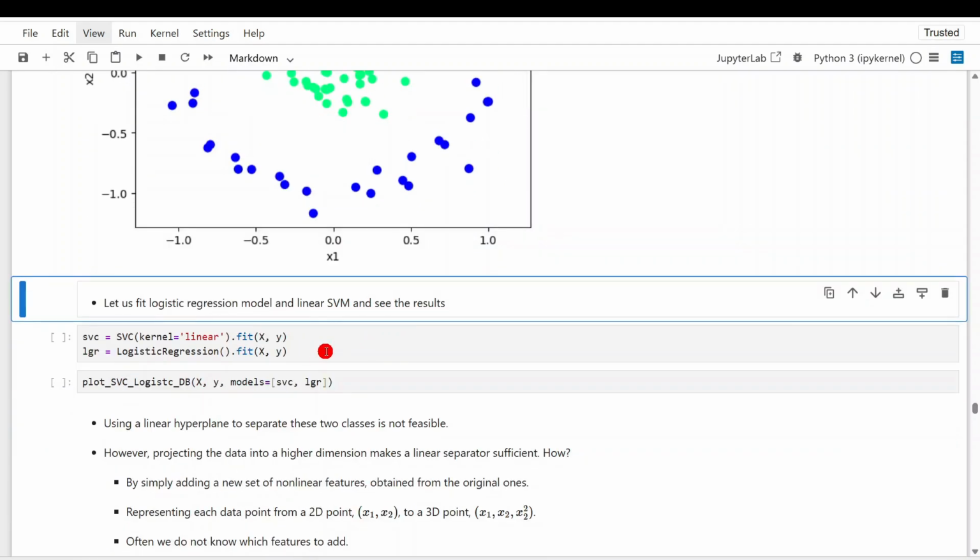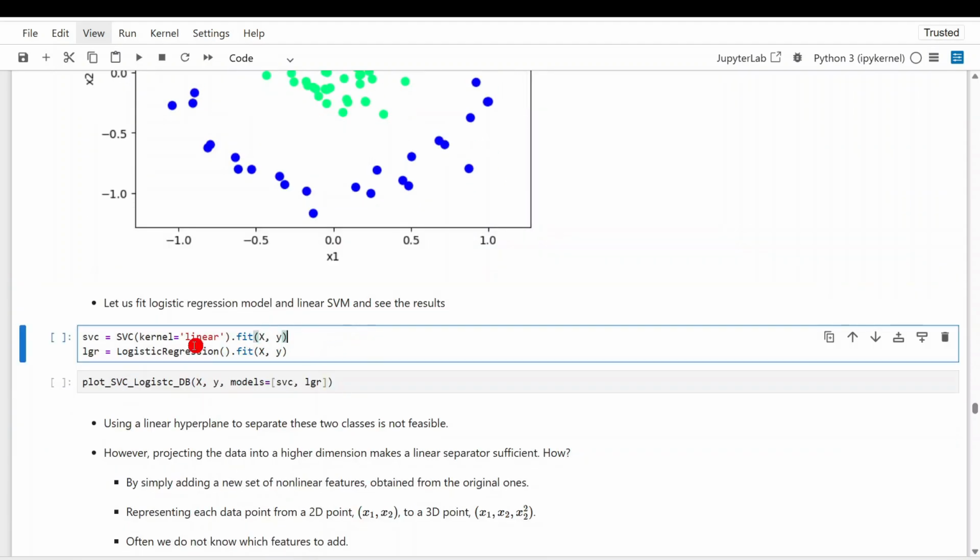So like the previous one, let's fit a linear support vector classifier and a logistic regression model, and see how the decision boundaries look.